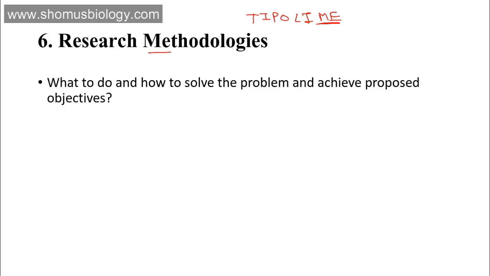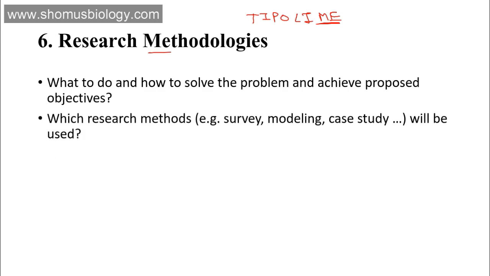If it's a study, then how you are going to conduct it, the series of experiments that you are going to do, or if it's a survey or anything. You need to mention how exactly you are going to address the answer to that question. Which research methods, whether it's a survey, modeling or case study, you need to conduct, and how exactly you will conduct it. And if possible, you should put a timeline with these research methods.